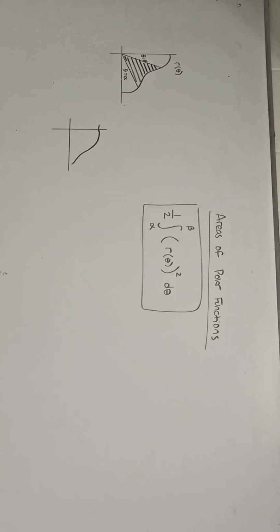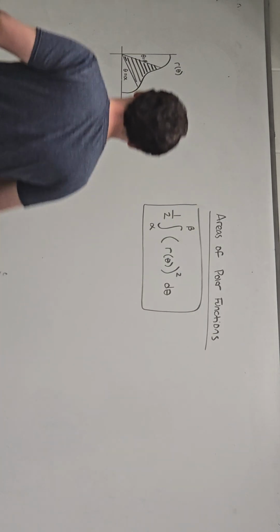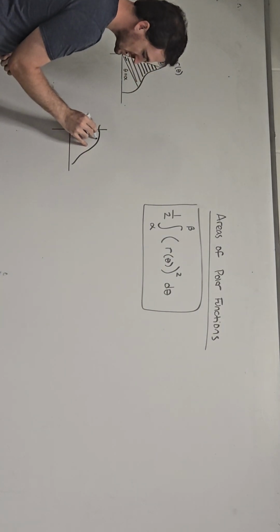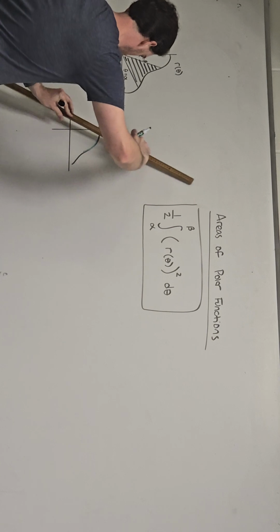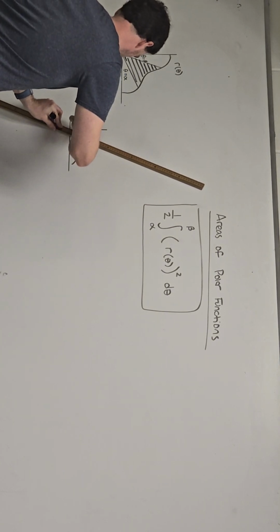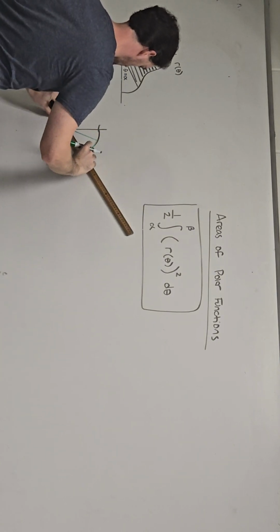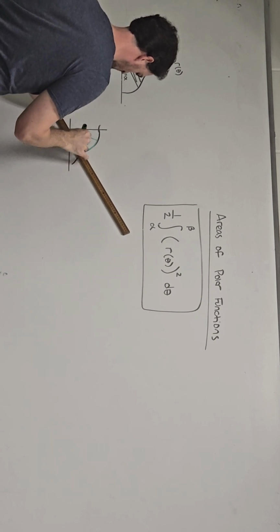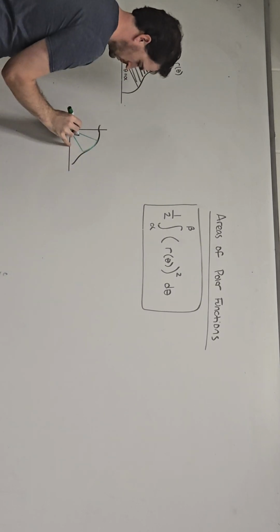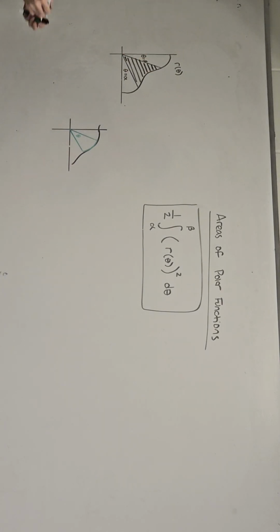So for rectangular, we would draw rectangles under curves to approximate the area. Here, we can approximate it using a sector of a circle, which has some angle that's opening.